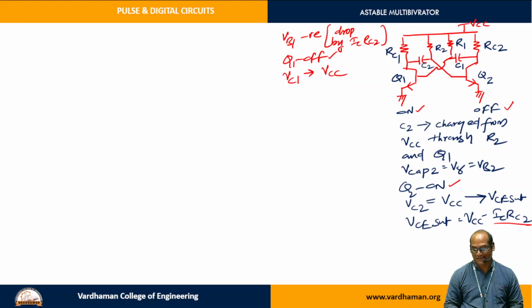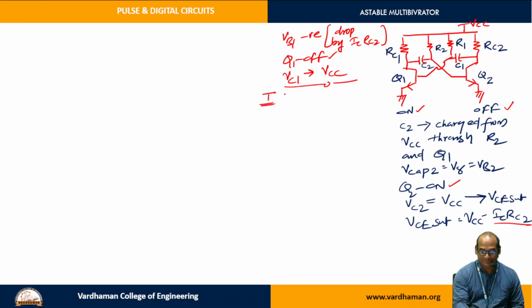States have been changed. Now since Q2 is on, the C1 capacitor starts charging and the process will be repeated again and again. So the transistors automatically will be getting on state, off state continuously like this. And we have taken the time period derivation, capital T.